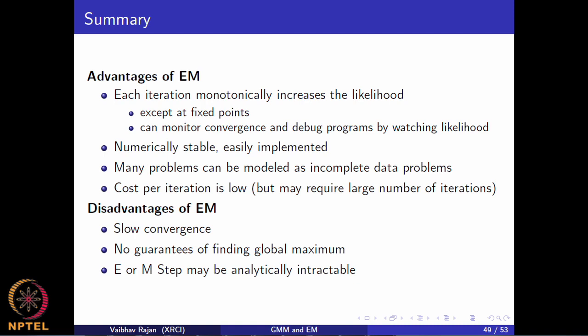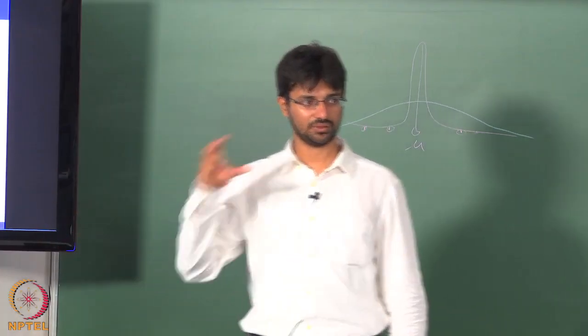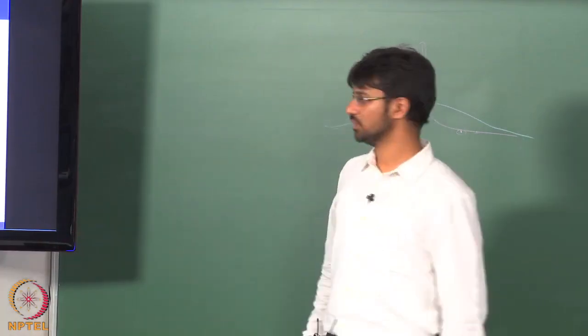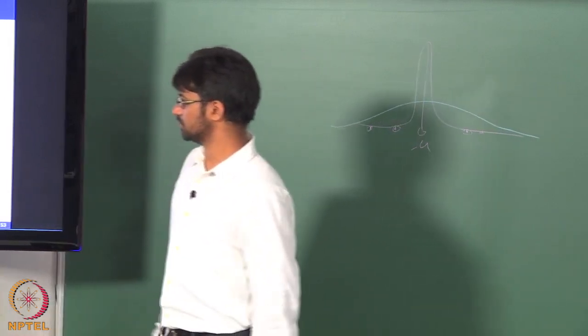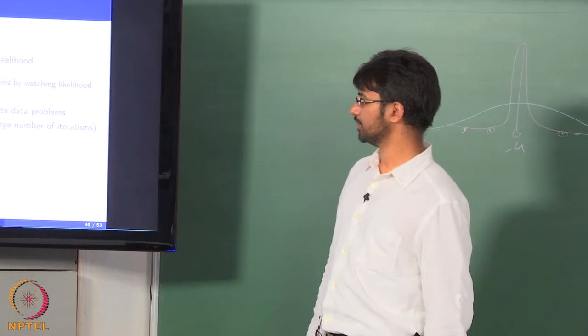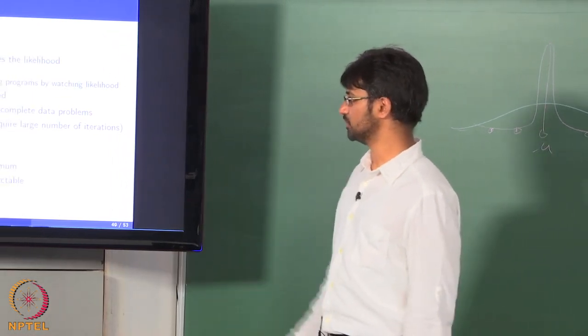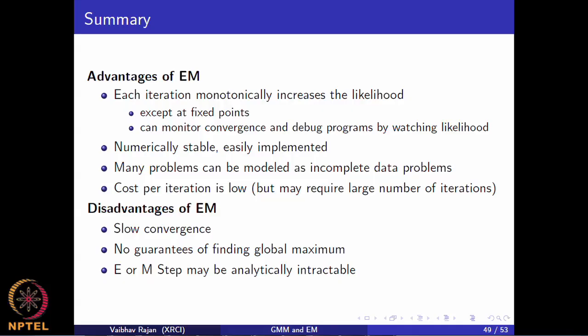It is easily implemented, and the interesting thing is that many problems can be modeled as incomplete data problems. We saw that in the case of Gaussian mixture, there was no missing data in the beginning, but we assumed the latent variables to be missing. The disadvantages, as I mentioned, are slow convergence, no guarantee of finding the global maximum, and the steps may be analytically intractable.